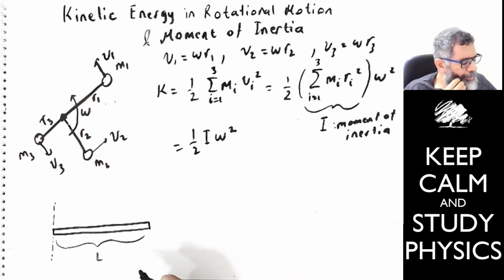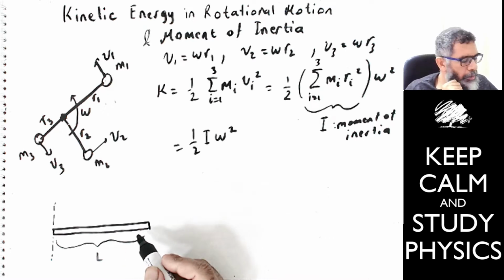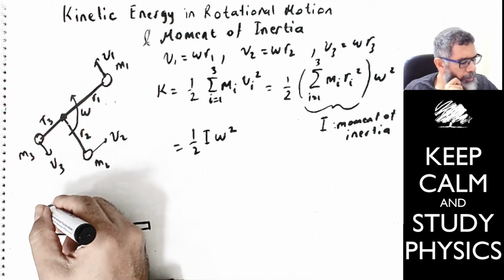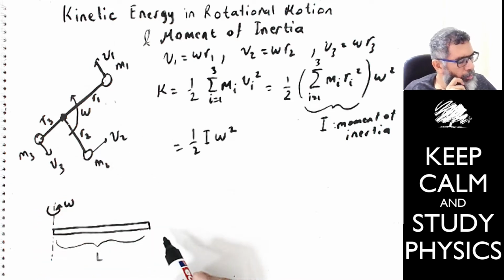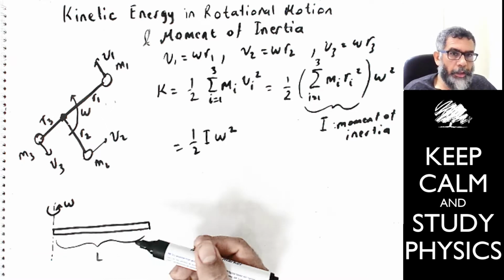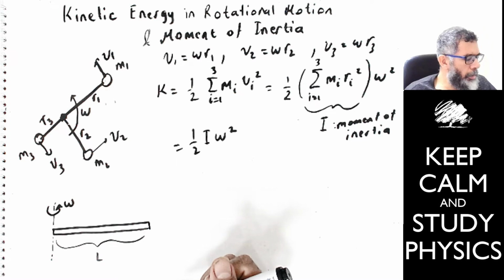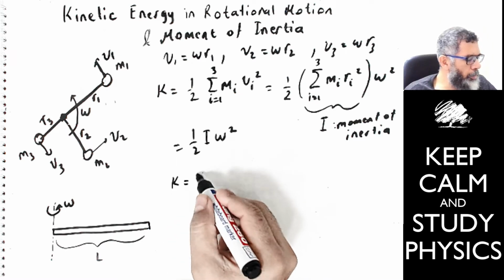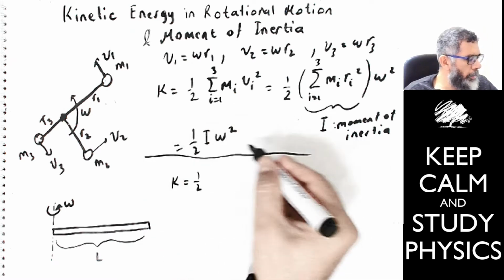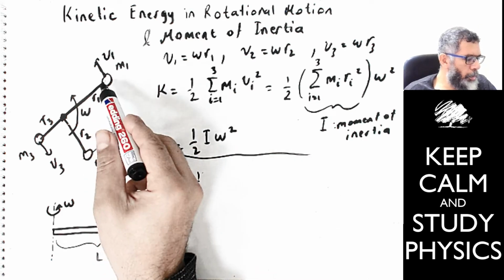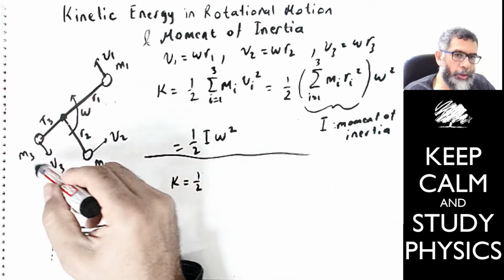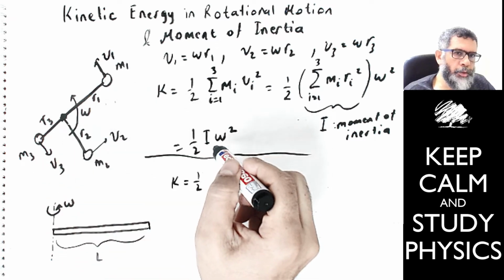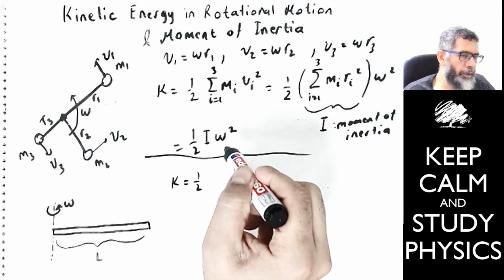First of all, if it is rotating with some angular speed omega, you might want to express this rod's kinetic energy. You know that it is going to have this form. Although we have shown this expression for the kinetic energy of rotation for that particular system, this format is true for all systems of rigid body rotation.